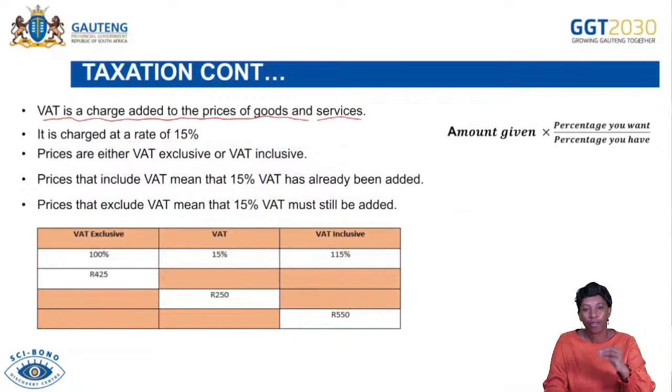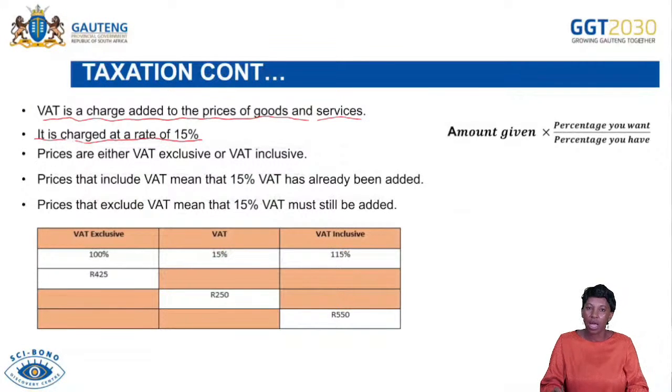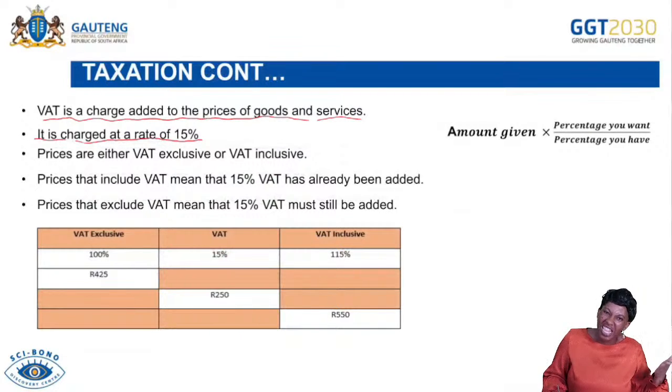If it says VAT exclusive, it means I still have to pay the 15%, because VAT is charged at the rate of 15% in our country. It's no longer 14%, but 15%. But if the examiner asks you about 14% VAT, you will have to work with what is being given to you. But we know that VAT is 15%.